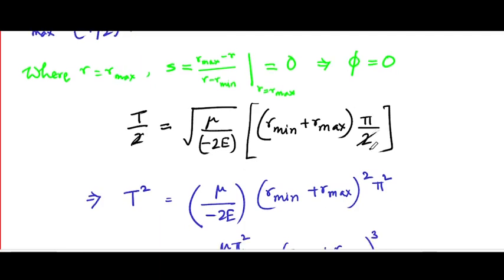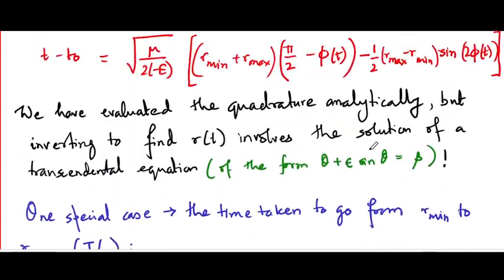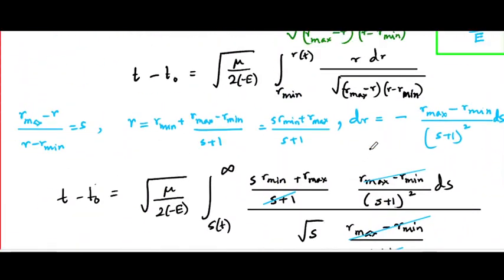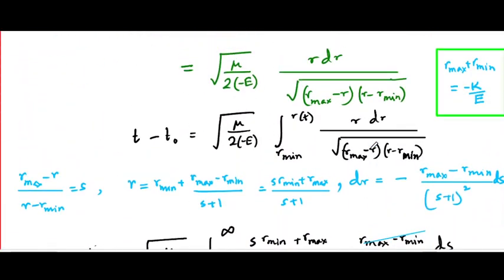At this stage, what we need to do is take a look at an expression that we wrote down earlier in a box, saying that we will need it later. For this particular polynomial, it's easy to see that Rmax plus Rmin is minus k over E, or what we will need right now is E is minus k by Rmax plus Rmin.